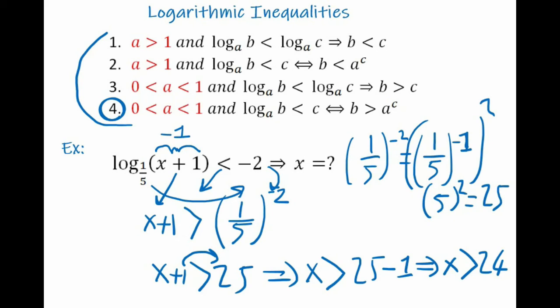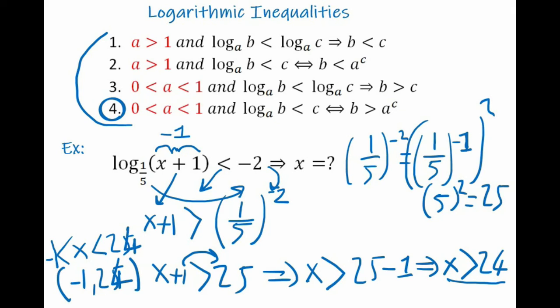So x has to be greater than negative 1, and it is less than 24. So we can conclude that x is greater than negative 1 and less than 24. As an interval, we can write it as negative 1 and 25. I mean, it should be 24, guys, here. 24. And that is the solution of x in this question.